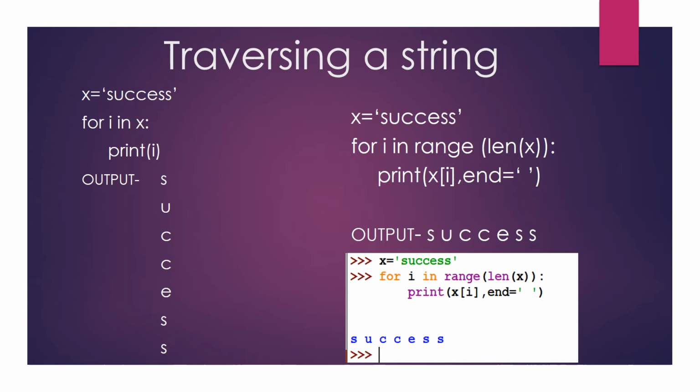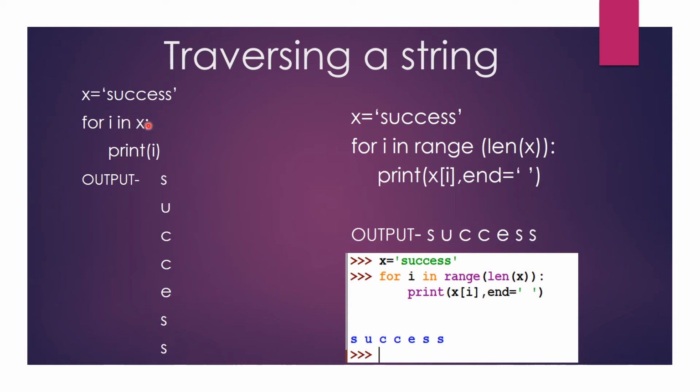Printing individual characters with the print command would be too long a process. So what we will do here is use a for loop: for i in x, where i is the loop control variable.